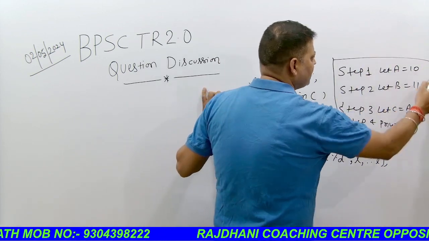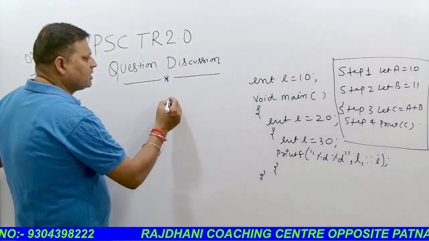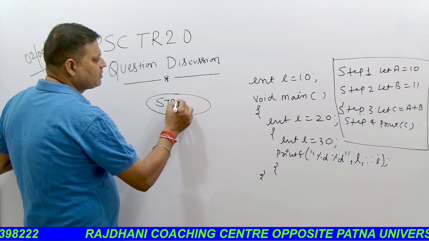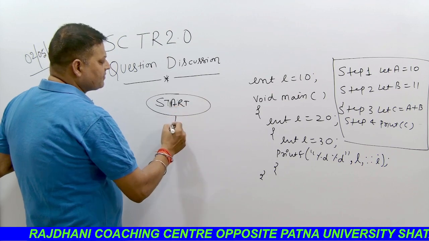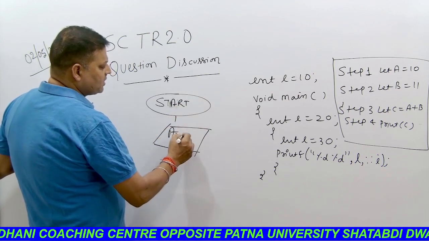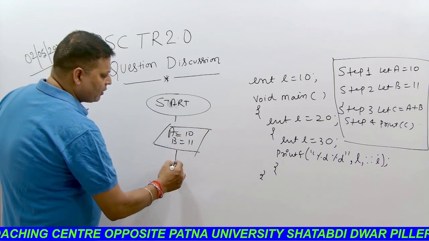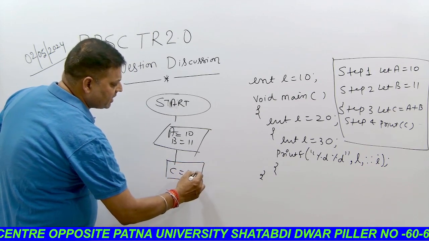Now, if we want to write the code as a flow chart, we will have to start the program this way. Then we input a is equal to 10, b is equal to 11. Now we process c is equal to a plus b.